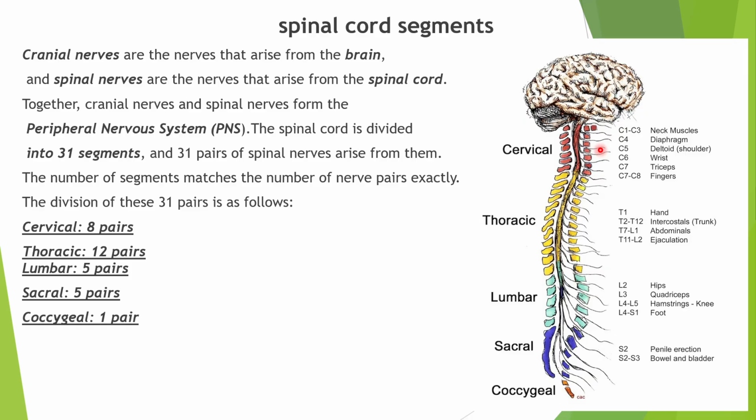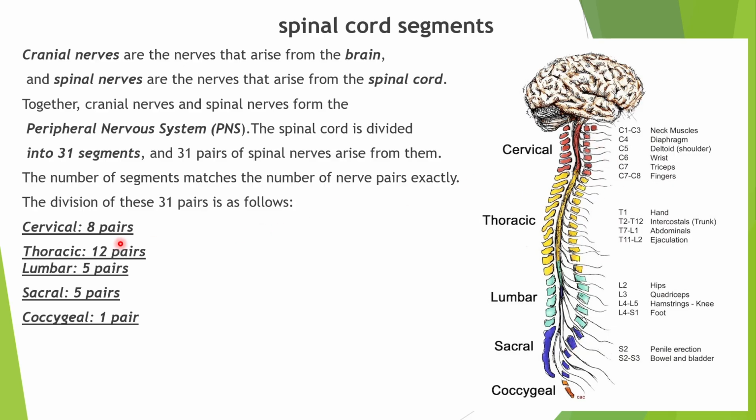The spinal cord is divided into 31 segments. So the spinal nerves are 31 pairs, and the number of segments exactly matches the number of nerve pairs.